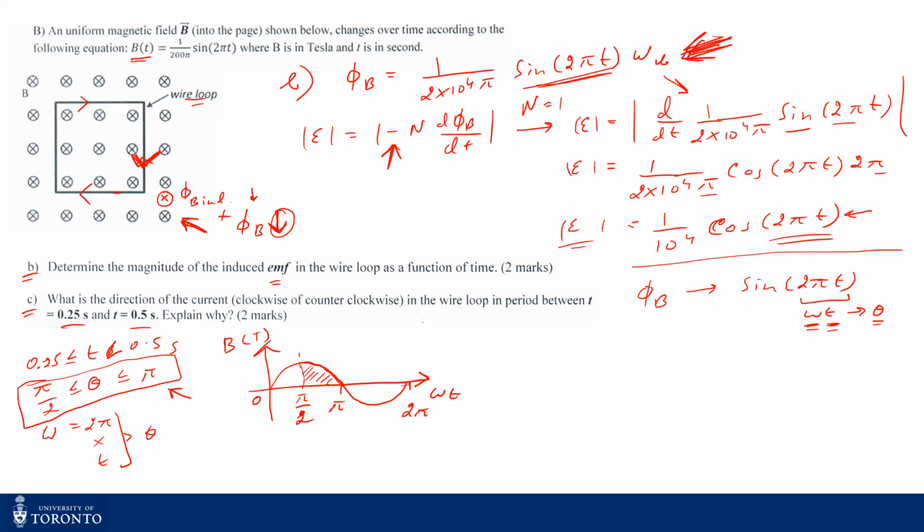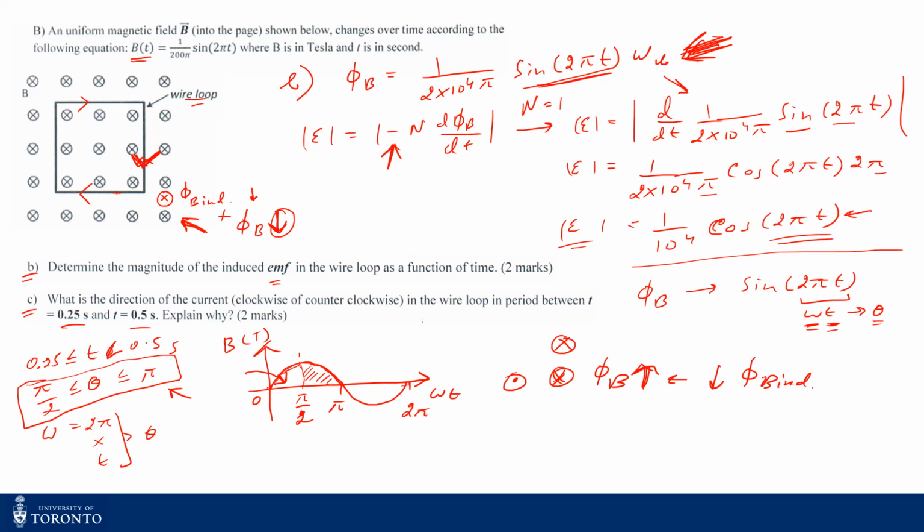All right. Now, let's say if you want to look into the other portion, where my magnetic field is increasing, that means my magnetic flux is increasing, right? So if my phi b is increasing into the page, my induced phi b should try to reduce this change, so it should act in the opposite direction to cancel out.